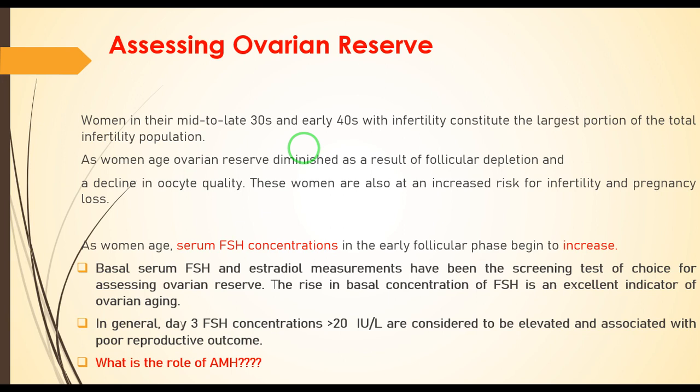We can measure the basal serum FSH and estradiol. They are screening tests. If the FSH at the beginning of the cycle at day 3 is very high, this is associated with poor ovarian reserve and poor reproductive outcome.